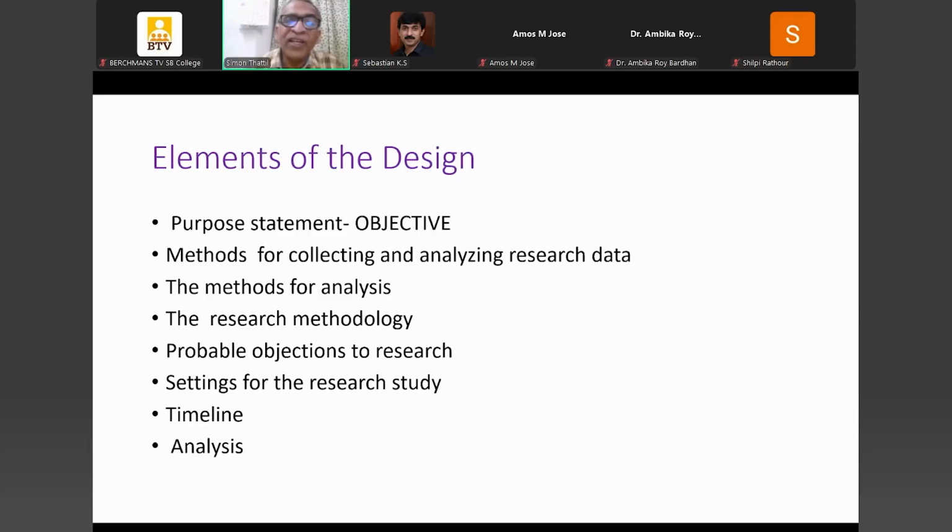And even timeline and analysis, because you want to do a longitudinal study. And the right methodology demands going back to the same respondent, say 4 times or 5 times. You will get the right answer about their economic and social change or about the change in their housing and education.